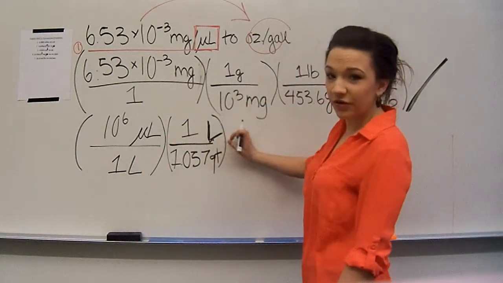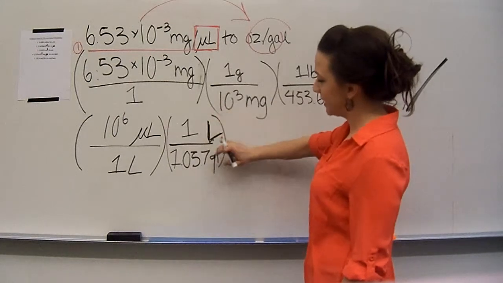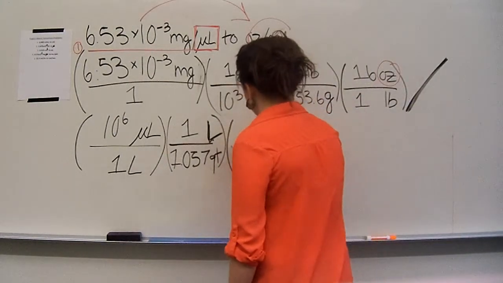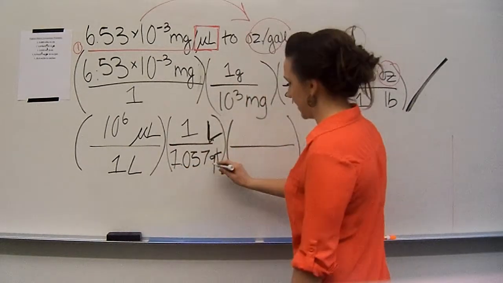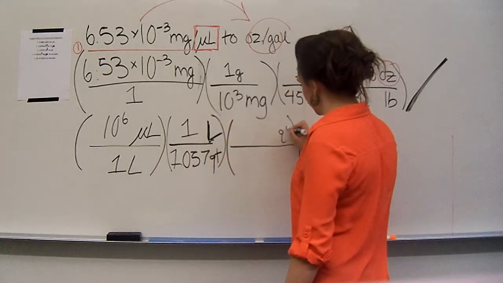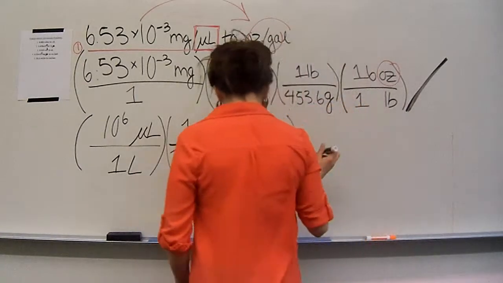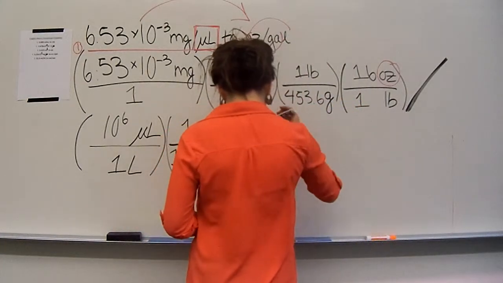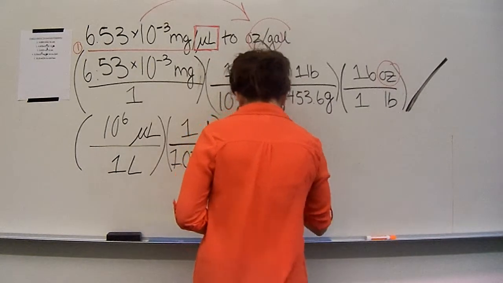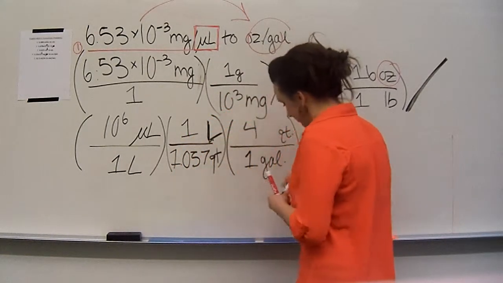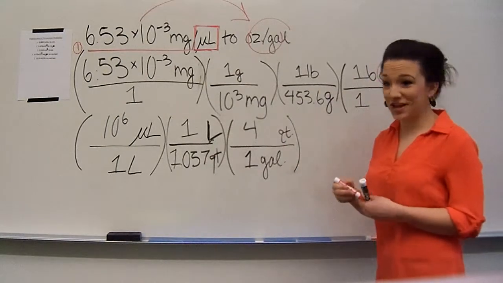Matching them vertically again, but this time, top to bottom. Matching this diagonally, we will have quarts on the top, and we know that 4 quarts is equal to 1 gallon. Gallon is the unit that we were looking for.